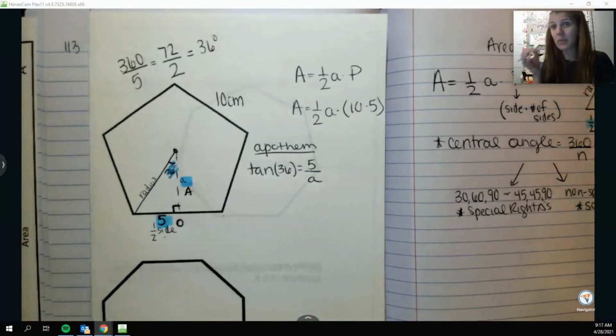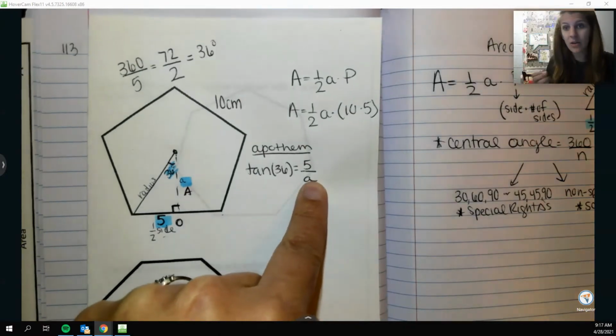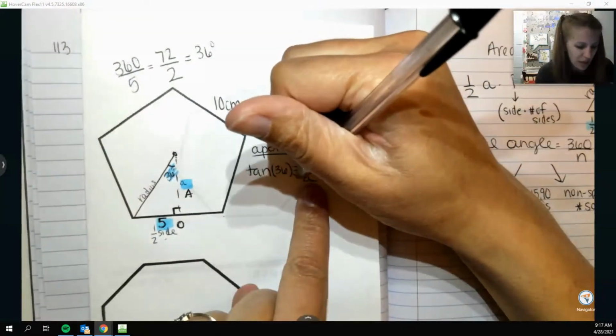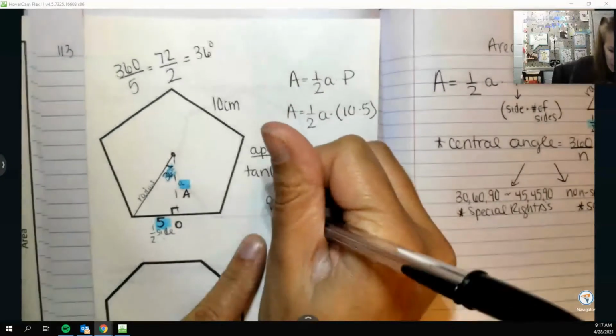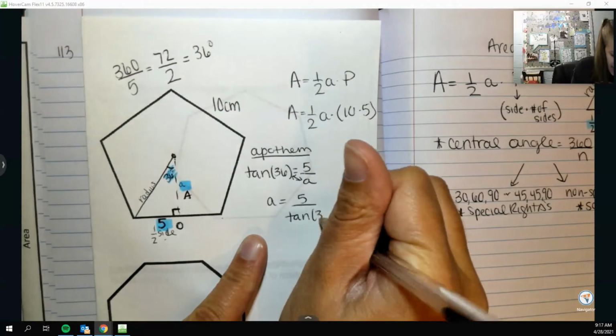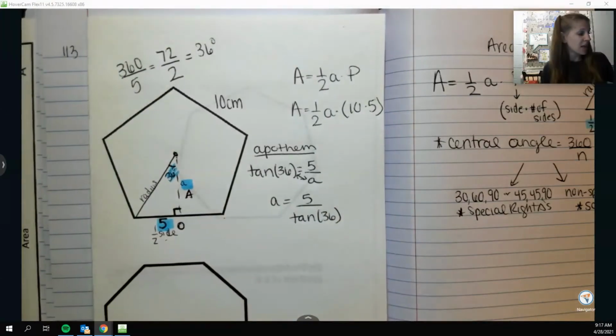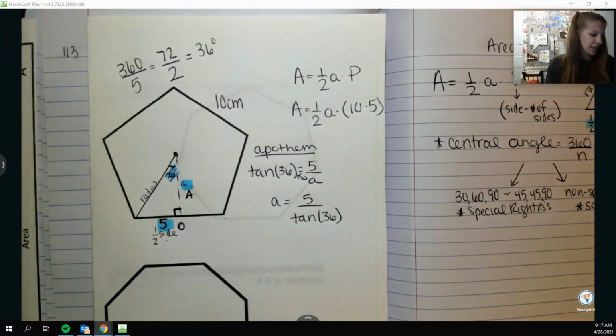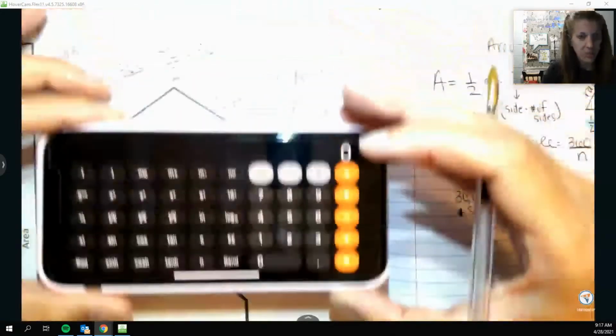And guys, if you remember when we were doing sine, cosine, or tangent, there's only one of 3 ways we could solve. And so since my unknown is on the bottom, this is where we did a little swappy swap. And so A comes up, tangent goes down. And at this point, I have no choice but to use my calculator to find this apothem.